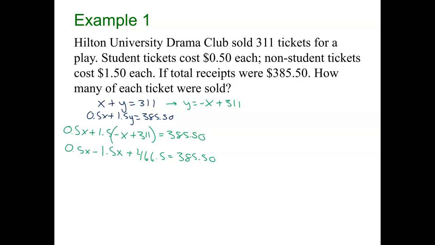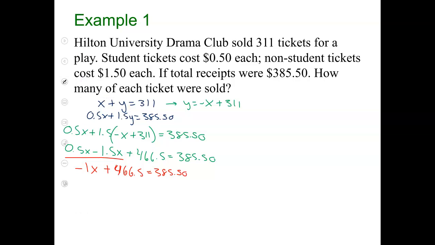Combine like terms. What's 0.5x minus 1.5x? 1x. Close. Less close. Negative 1x. So negative x plus 466.5 equals 385.50. I don't know why I keep insisting on writing that last 0, but whatever.